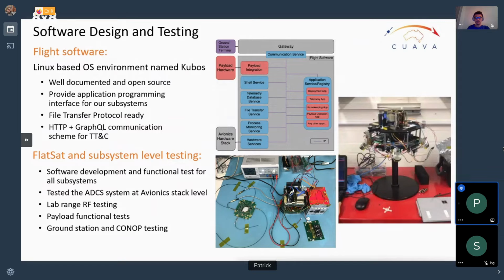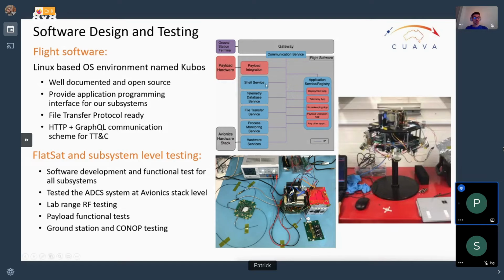For the testing, we had the FlatSat layout, as you can see down here, where we did all our software development and the functional tests for all the subsystems. And we also started doing the RF tests for the antenna in our lab before we went out.